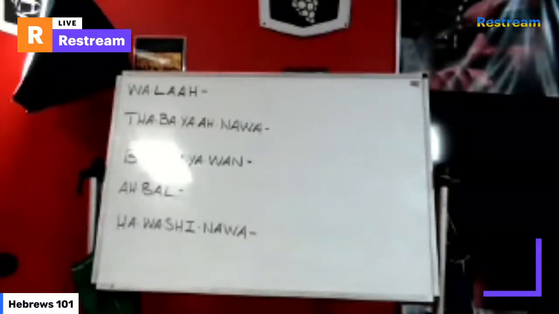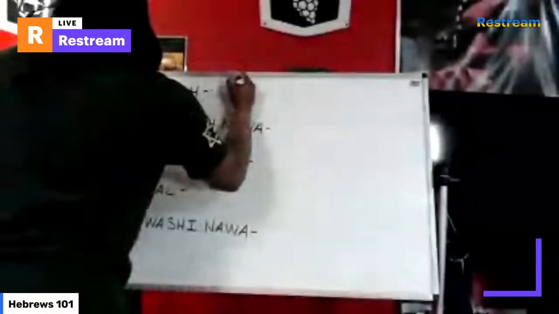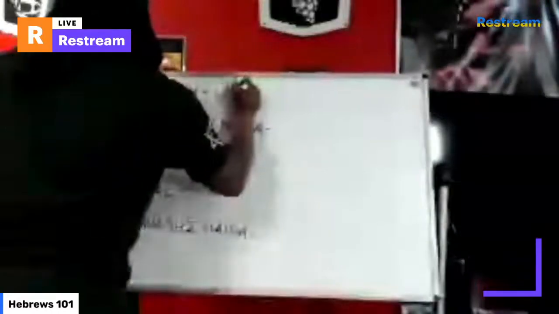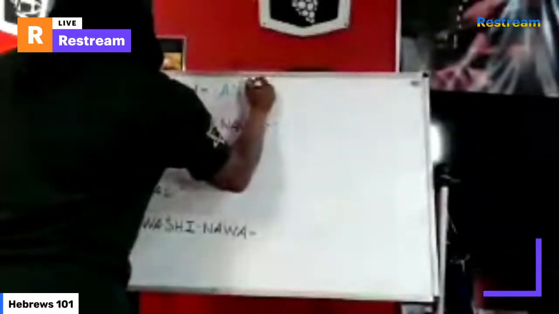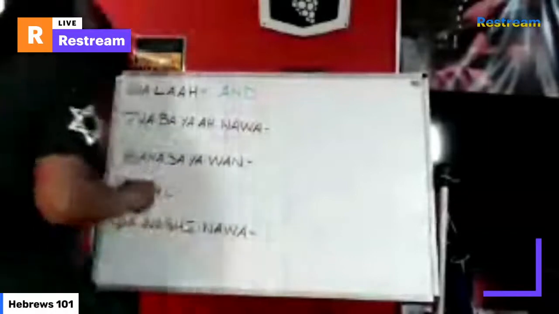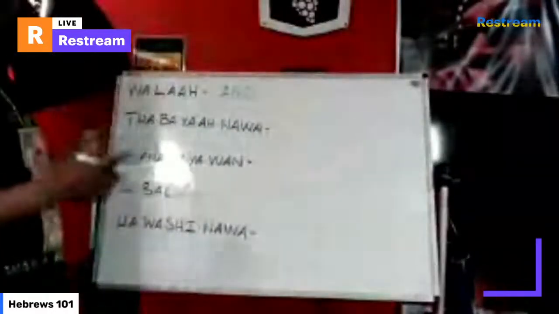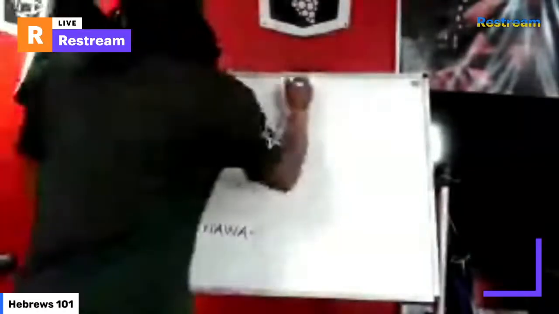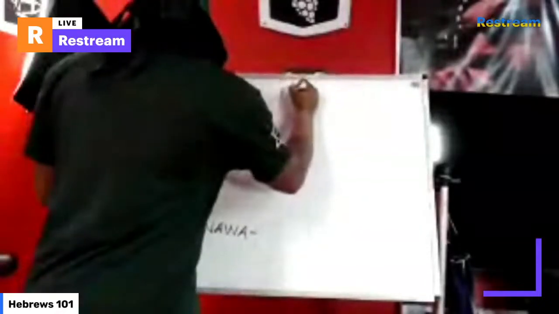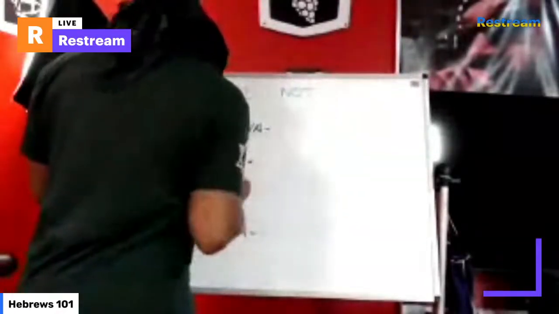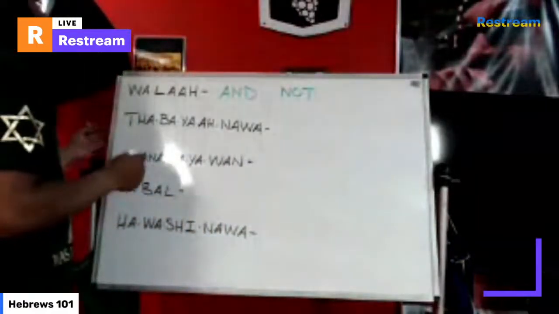Wala'a. Okay. Salakia. Go ahead. And no. Very good. And no, because wa is and. All right. And la'a is no. All right. Now, as far as what we're reading, and not. Very good. All right. And not. Okay. And not.